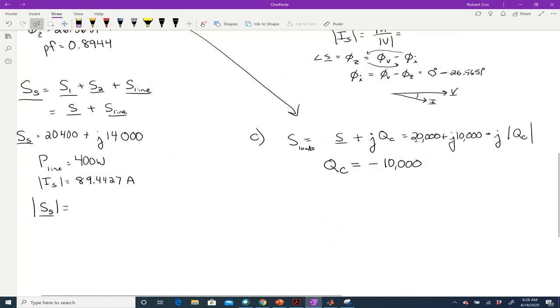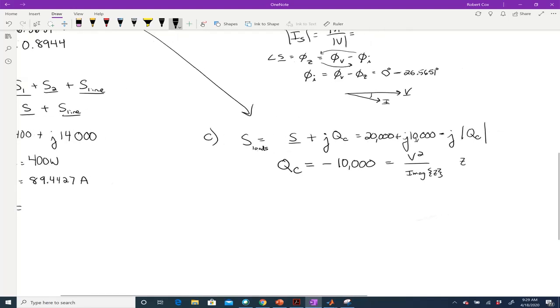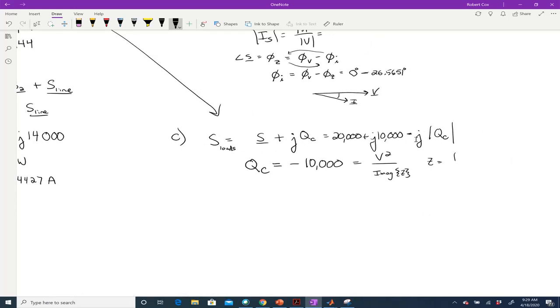So I have QC equals volts squared divided by the imaginary part of Z, which, remember, in this case for a capacitor, Z is 1 over j omega C, or negative 1 over omega C is the way we write that.